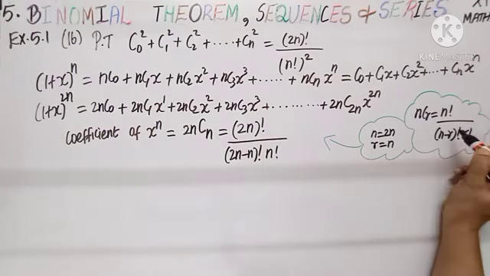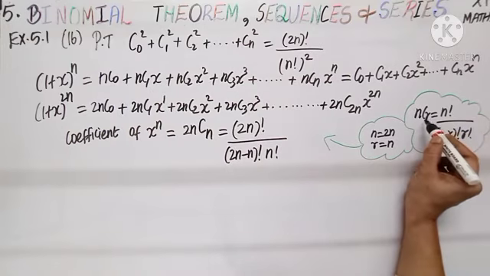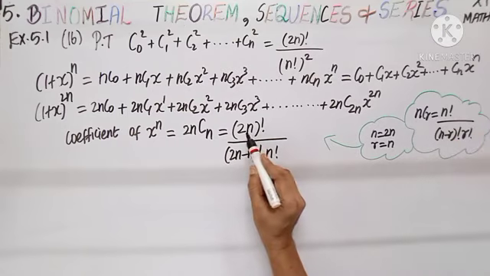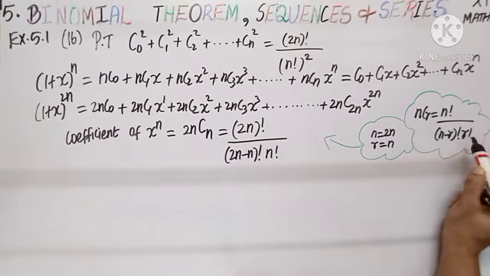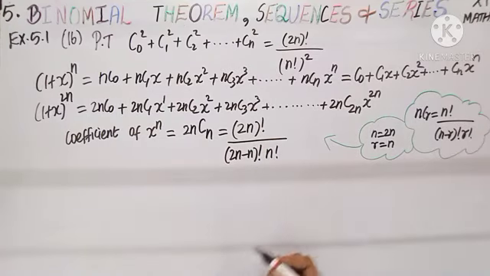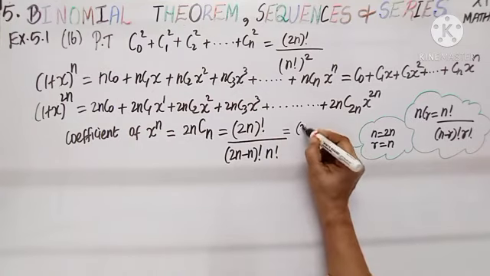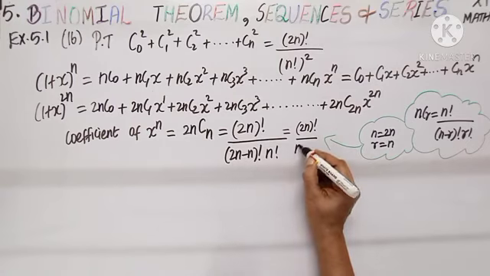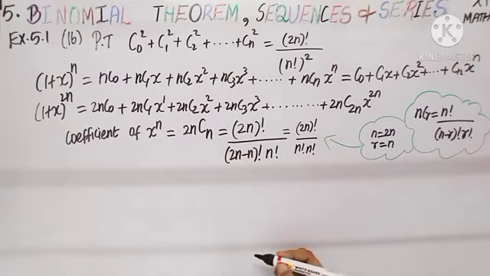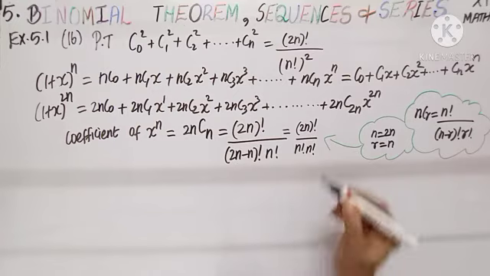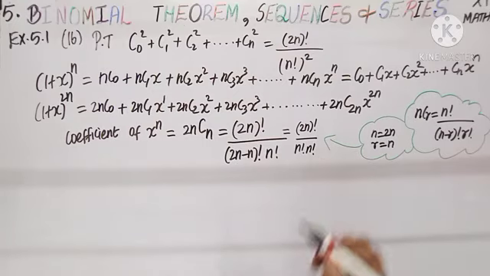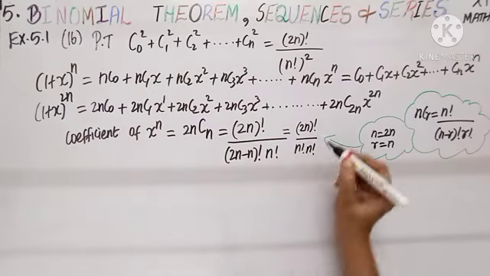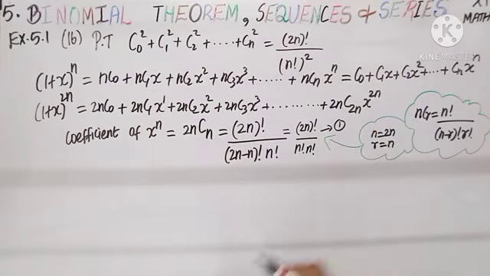This is the formula we learnt in combination. So this becomes 2n factorial by n factorial into n factorial, or it is n factorial the whole square. This is number 1, let me say.